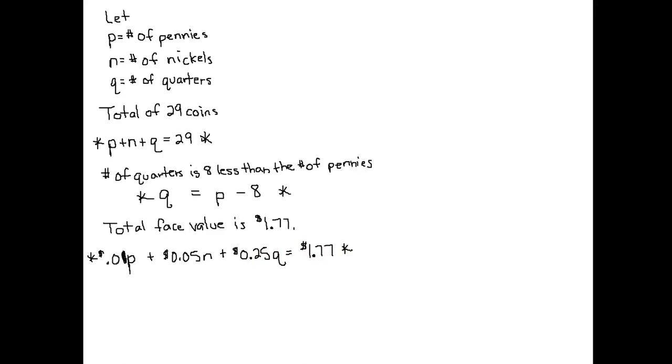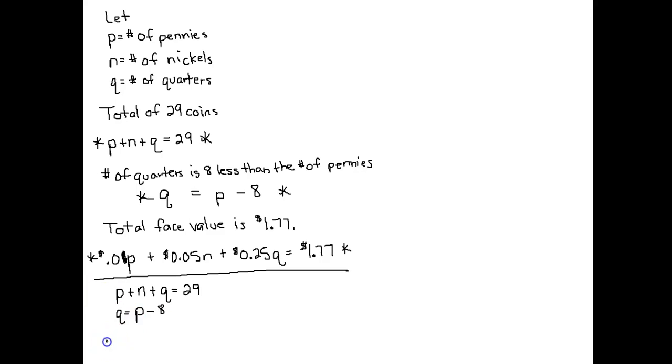So let me rewrite the equations together. We've got P plus N plus Q equals 29. We've got Q equals P minus 8. And I'm looking at that and I'm already seeing how this will be perfect for substitution.